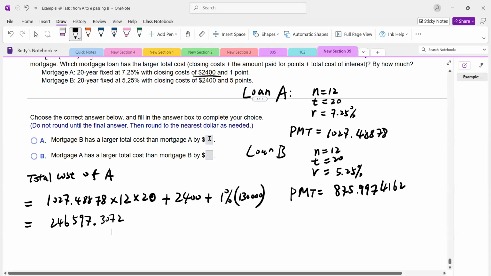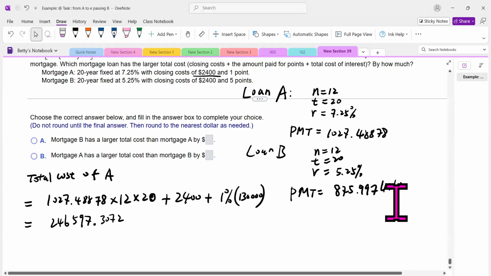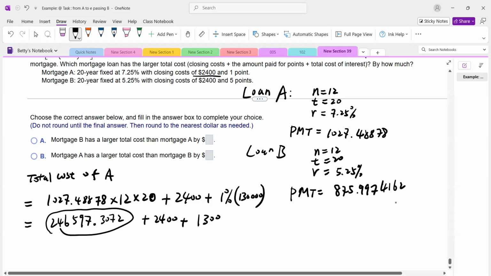Be very careful about the calculation. Actually, I'm going to double check. $1,027.48 times 240. Yeah, that's correct. $246,597, around 31 cents. So that is the payment over the 20 years. And the closing cost is $2,400, and 1% of the mortgage is $1,300. All right.